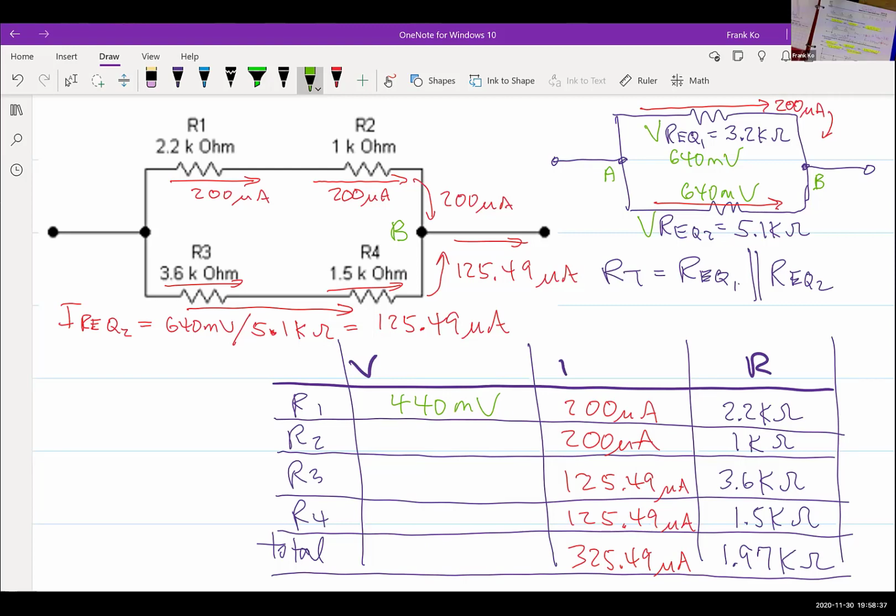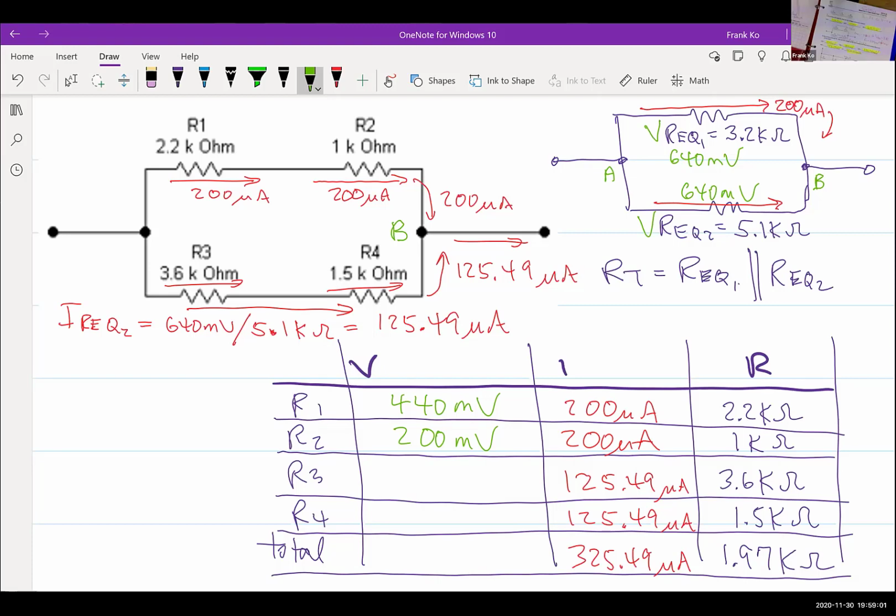200 millivolts. And if you look at the lower branch, do I have a current through the lower branch of 125.49 microamps? Isn't this current flowing through R3 and R4? So could I use this current times these ohms for a voltage?